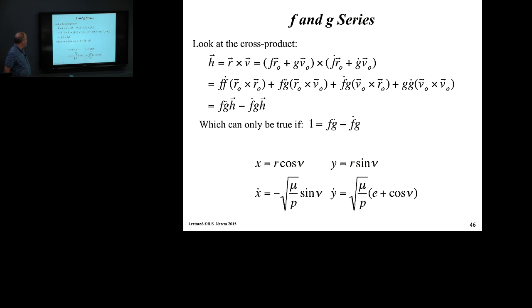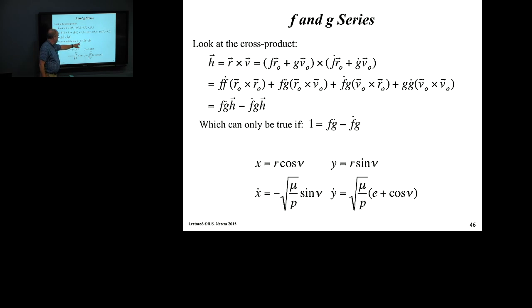Then in the derivation in the book, he also uses this expression to get a constraint on the whole system. He looks at the angular momentum vector in terms of the F and G series, and he can show that the F and G that satisfy these equations are the ones that make this expression true.